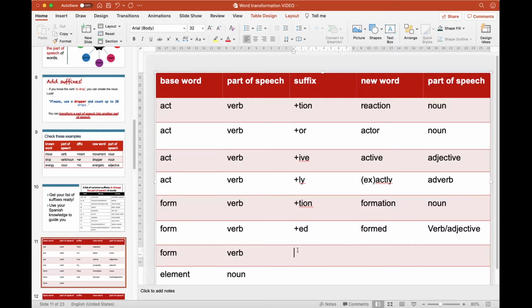Forma, plus AL. And now it is an adjective, excellent. And how about element?